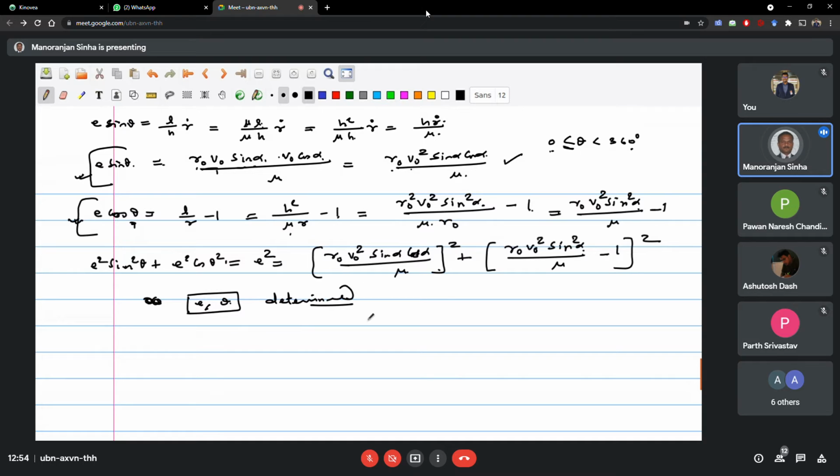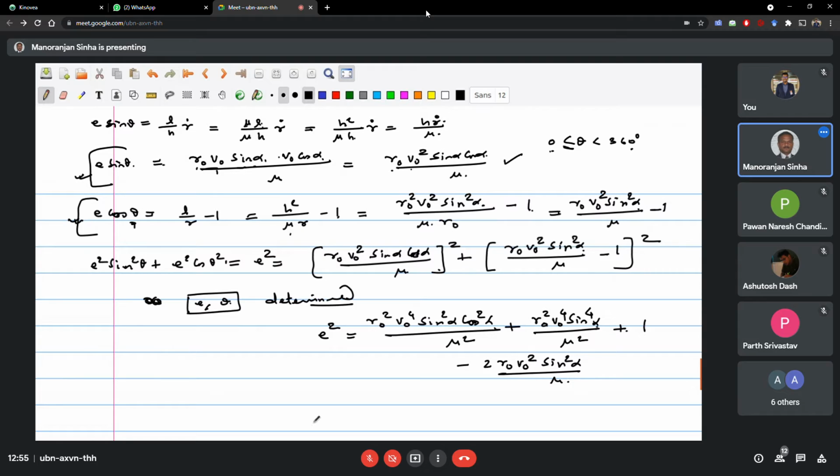So we can wind it up here. R0 square V0 to the power 4 cos square alpha divided by mu square. These two we can combine together.